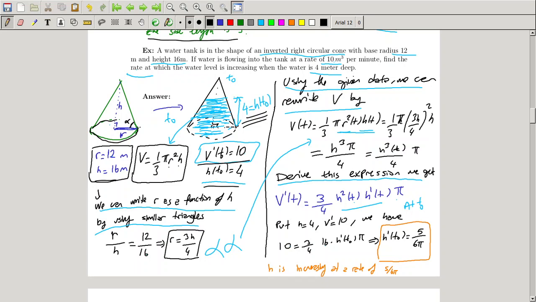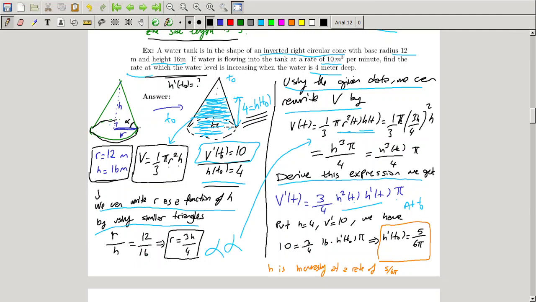It is asked to find the rate at which the water level is increasing. So find the rate of water level means we have to find h prime of t0. If you understand what is asked in the question, now everything will be easier.